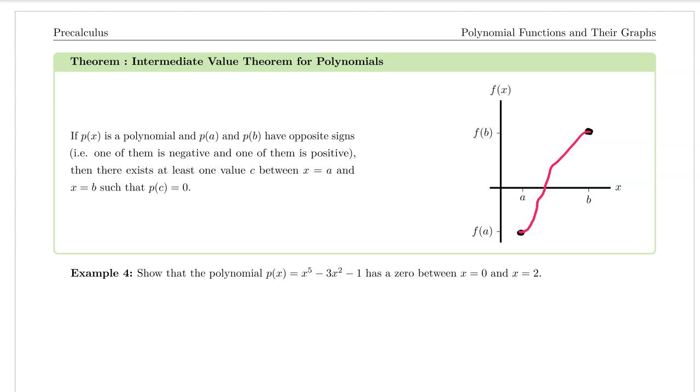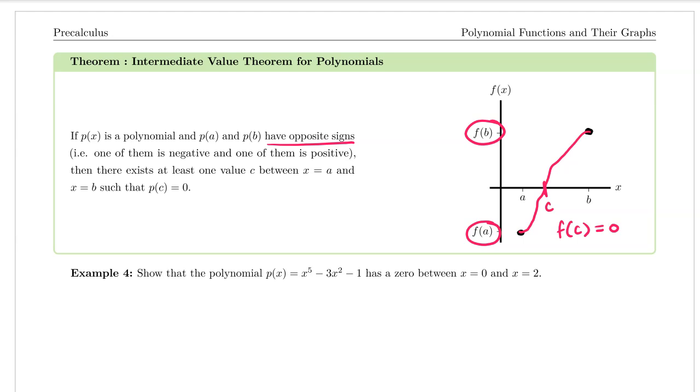Now, we don't know exactly where, except that it has to be somewhere between x equals a and x equals b, but somewhere between there we have this value c, such that when we plug c into our function, our output ends up equaling 0. And again, that has to do with the fact that polynomials are always continuous, and we have to meet the condition that they have opposite signs. In other words, one of the values is negative and one of the values is positive.